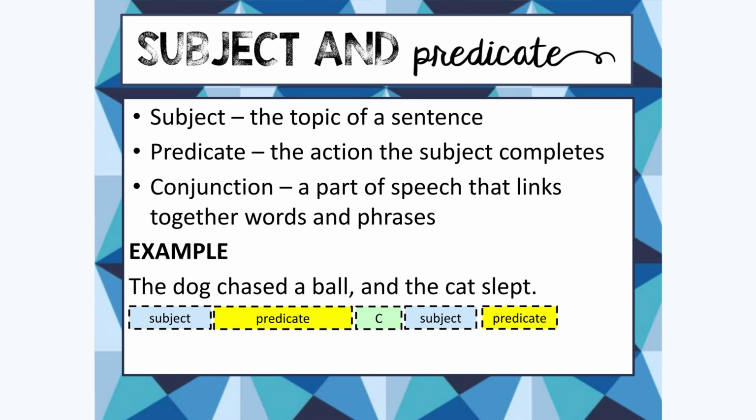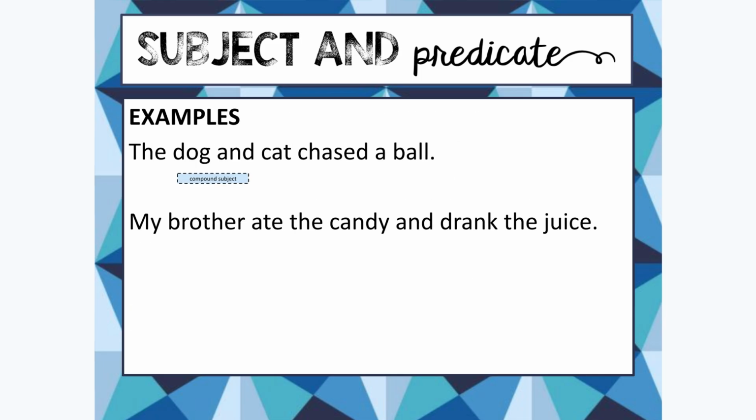If it said the dog chased the ball and slept, that's still only one subject and a predicate with a conjunction. But because the dog chased the ball and the cat slept, you have two subjects, two predicates. That's a compound sentence.